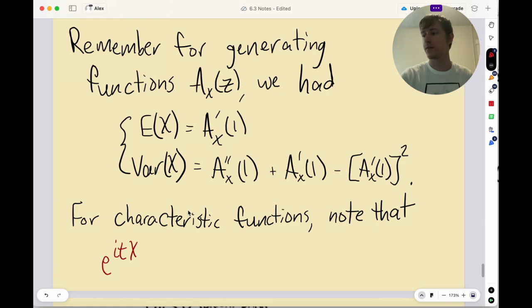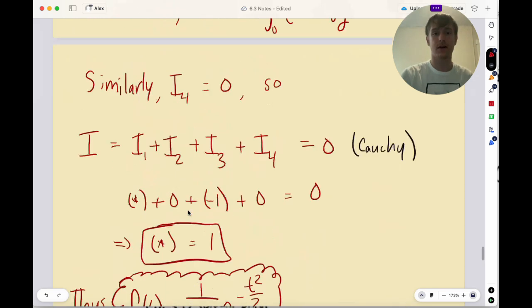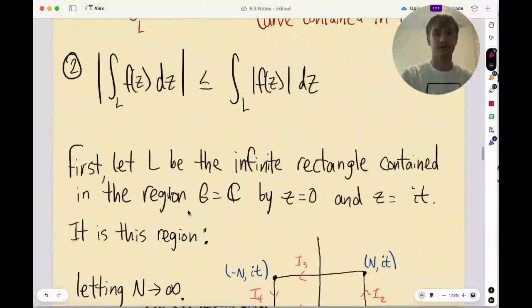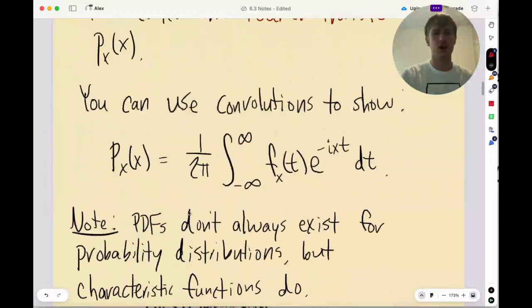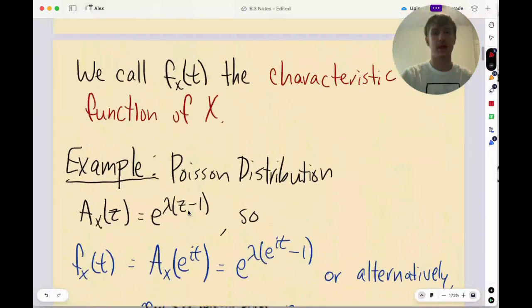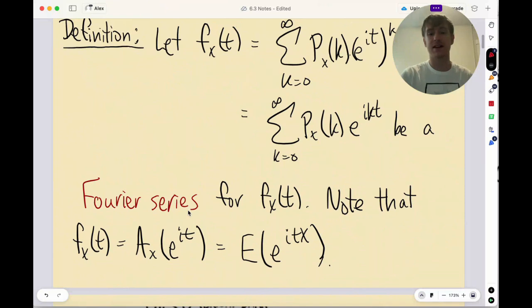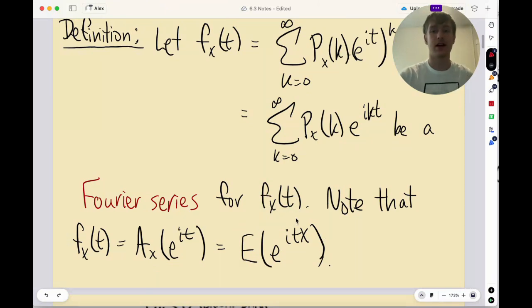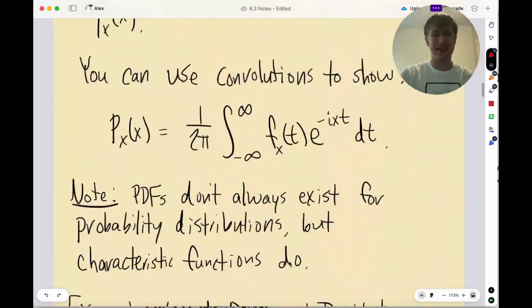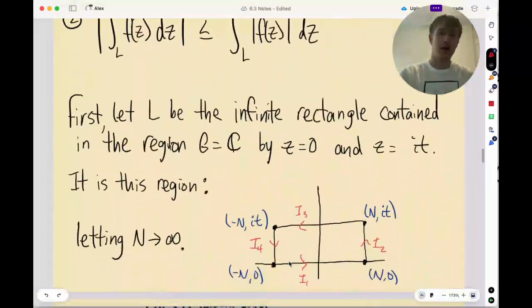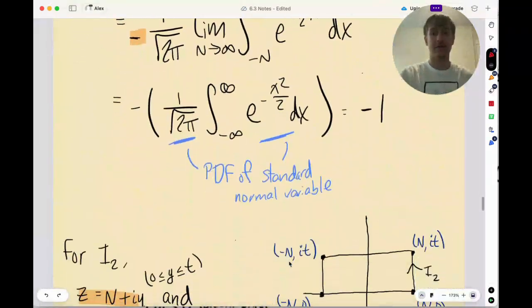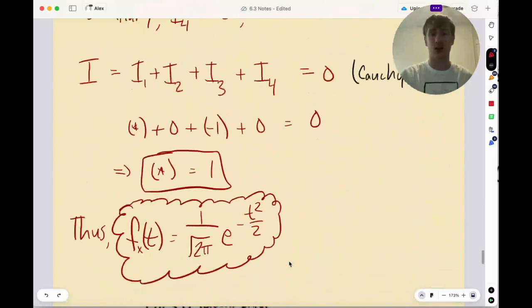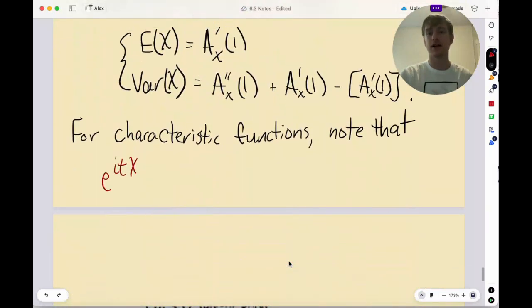If you'll recall what a characteristic function even is, the characteristic function is actually just going to be the expected value of e to the itX. So what is e to the itX? Well, without the i, you could expand that in a power series, and it turns out that for complex numbers, you can do pretty much the exact same thing.